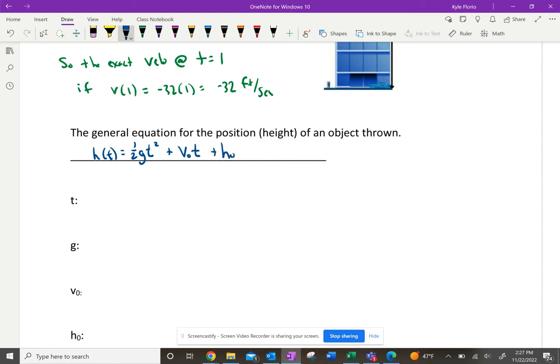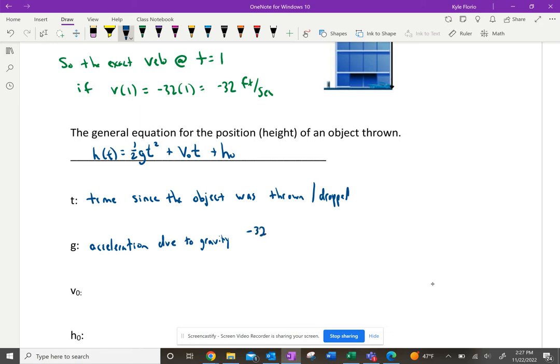And what do each of these things mean? t is going to be time since the object was thrown or dropped. g is the acceleration due to gravity, which is always going to be negative 32 feet per second squared.